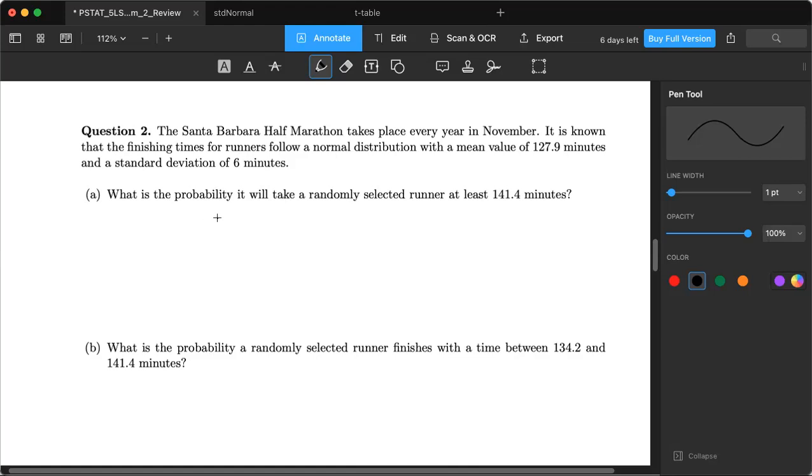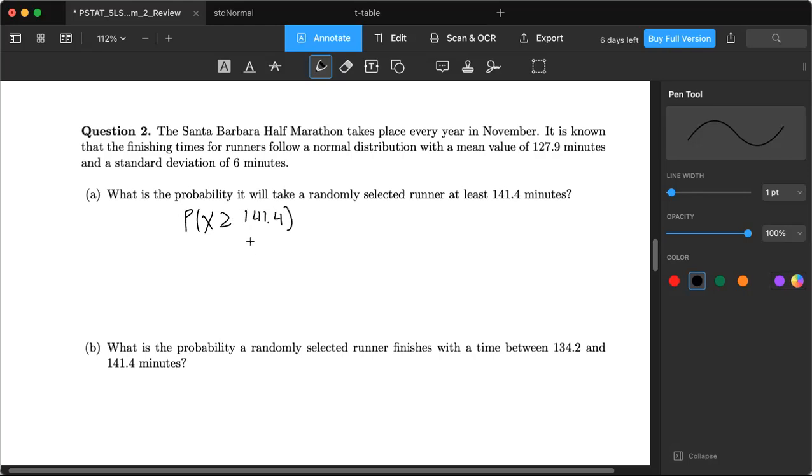So "at least" means that, well, actually the context of this problem, since it's running, is a little bit ambiguous, right? Say at least 141.4, normally that would mean we're looking for the probability that X is greater than or equal to 141.4.